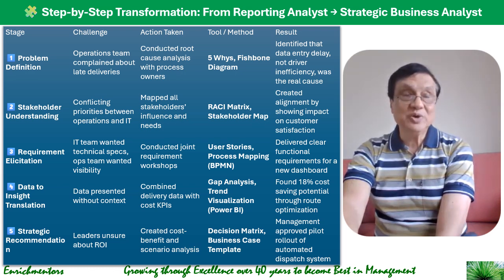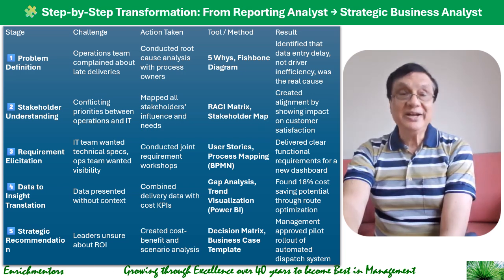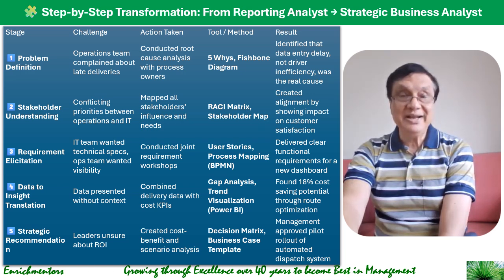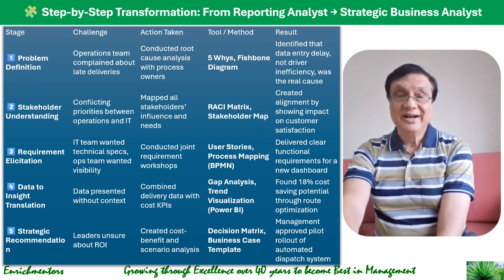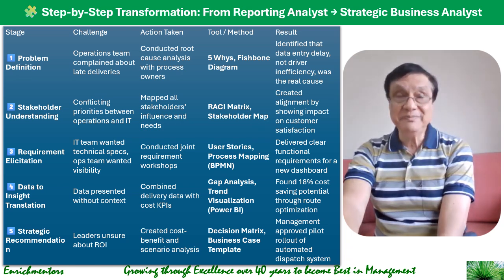The fourth stage was to convert data to insight, where the challenge was that the data was presented without context. She combined delivery data with cost KPIs using tools like gap analysis and trend visualizations in Power BI. And she found 18% cost saving potential through route optimization.